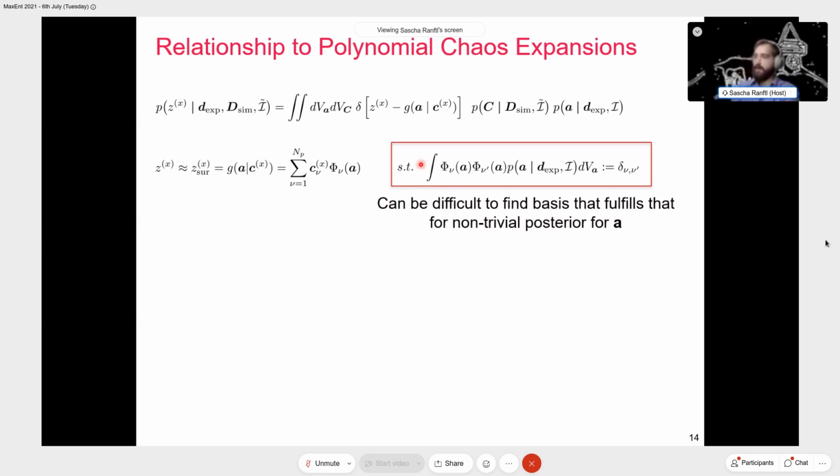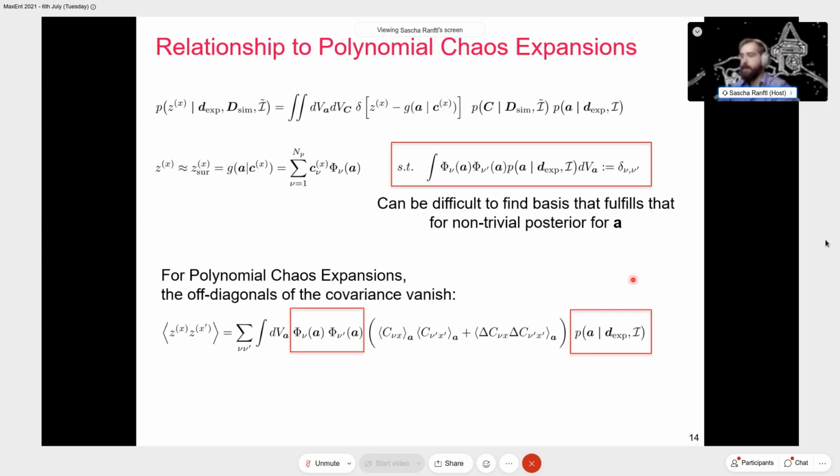Now, the problem is that it can be difficult to find a basis that fulfills this requirement for non-trivial posteriors of A. But the good side is that this lengthy expression simplifies a tiny bit. But this is a price that you may not want to pay.